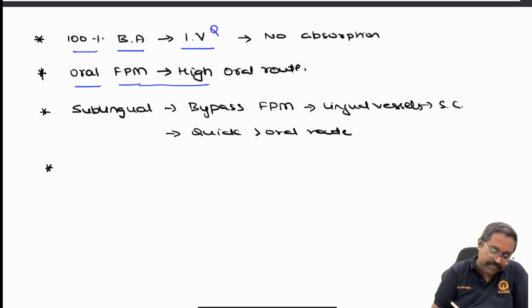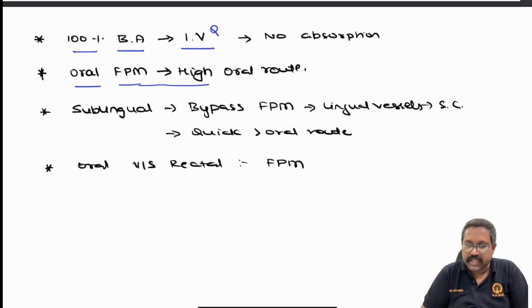Also please remember, when comparing the oral versus the rectal route with respect to first pass metabolism, the oral route has more first pass metabolism, whereas the rectal route has lesser first pass metabolism.